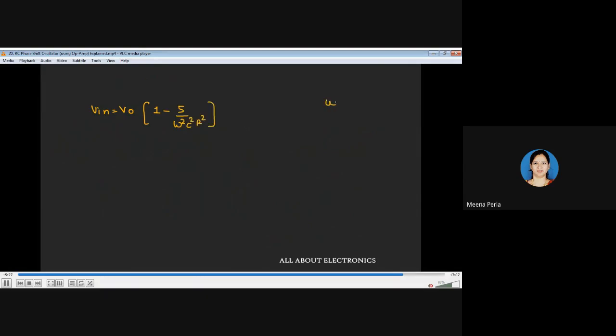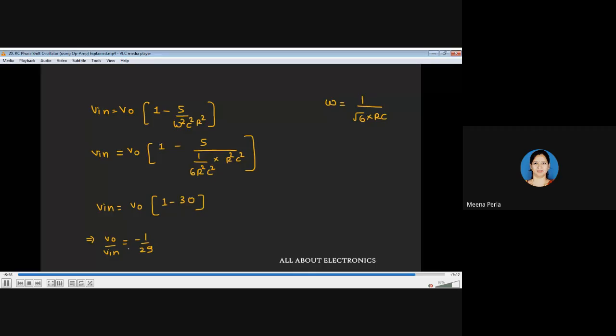The same equation where we have just set the imaginary term to 0. Since omega is equal to 1 upon under root 6 RC, we can put this: Vin is equal to V0 times 1 minus 5 by 1 by 6 times R square C square, multiplied by R square into C square.